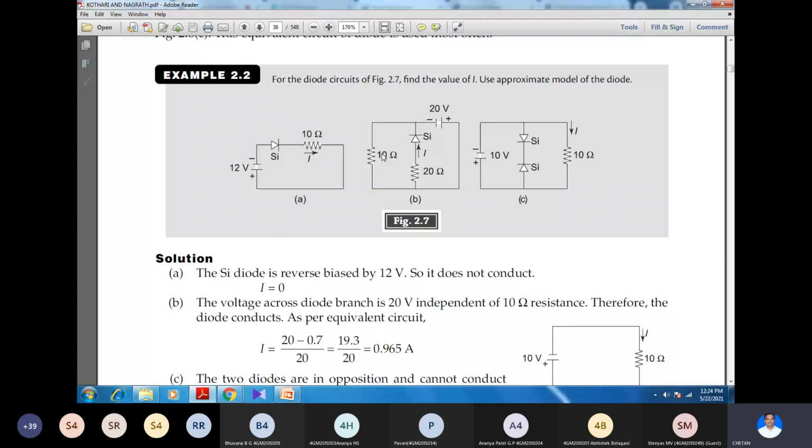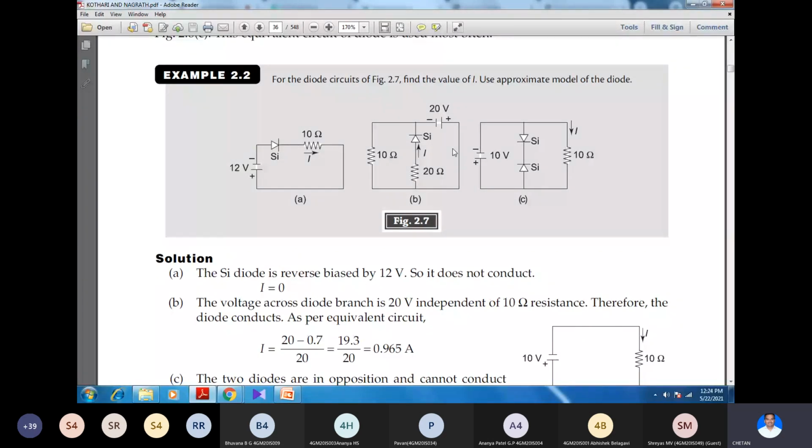Now consider the second circuit. Here this is the diode. The negative terminal of this battery is connected to the negative terminal of the diode, and the positive terminal of the battery is connected to the positive terminal of the diode through this resistance.